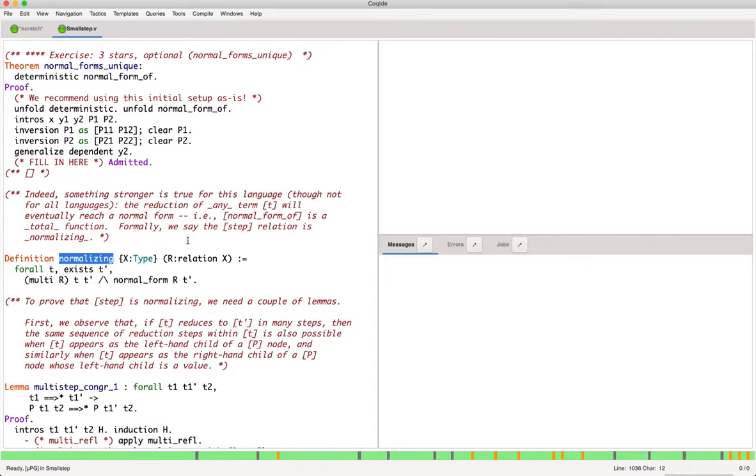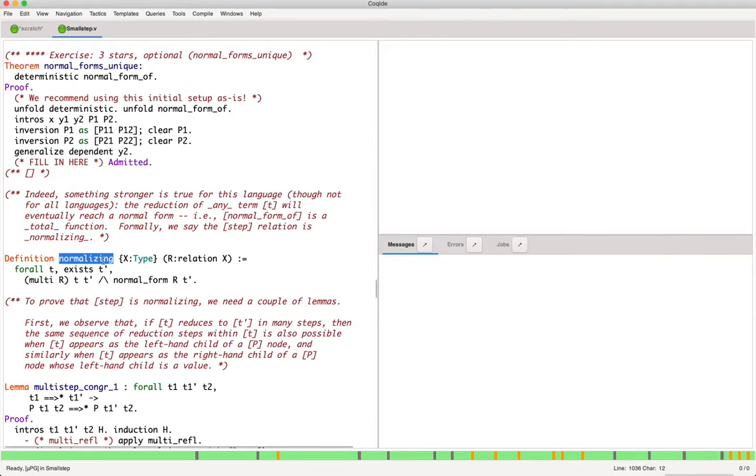Some number of steps, by using the multi-relation, you can get to a normal form. So this is the one that's essentially saying that you can't get stuck. Oh no, it's not saying you can't get stuck. It's saying that you will never just continue making steps forever. You'll always get to a point where there are no more steps possible, and that's a normal form.